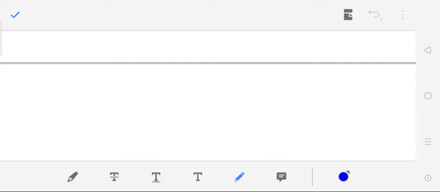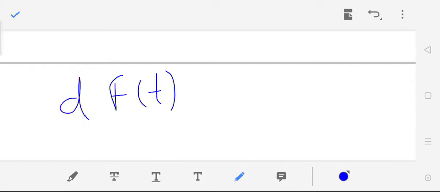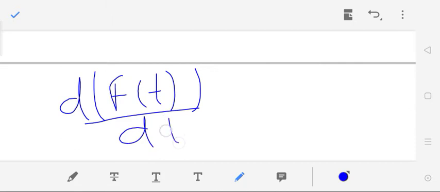So I have this function f(t), which is the multiplication of a step input with the given function. Now let's assume that I want to find the differentiation of this at t equal to 0.